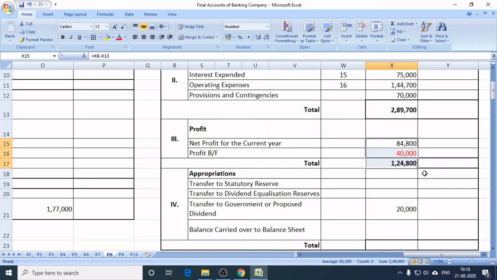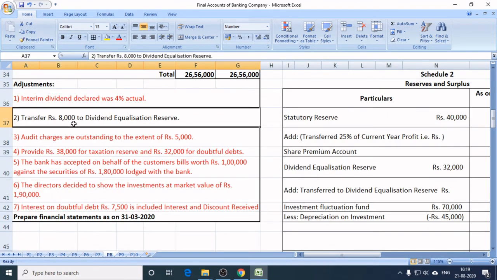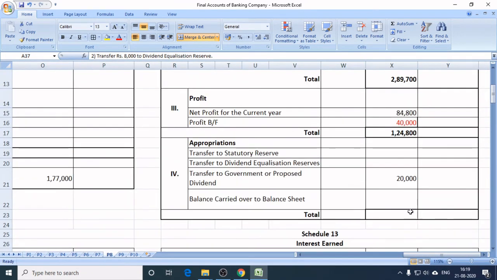Now here we have an adjustment. What is the adjustment? Now we have to transfer rupees 8,000 to dividend equalization reserve. But before making any appropriation of profit, we have to transfer 25% of current year profit to statutory reserve.